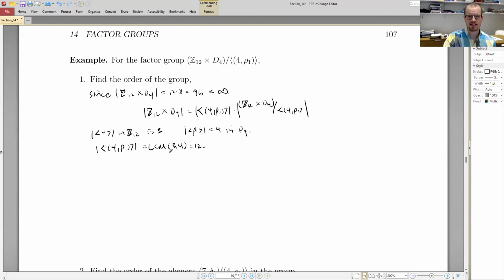This gives us that 96 is equal to 12 times the number that we're actually interested in finding, the order of Z12 direct product with D4, quotient by the subgroup generated by 4 and row 1.